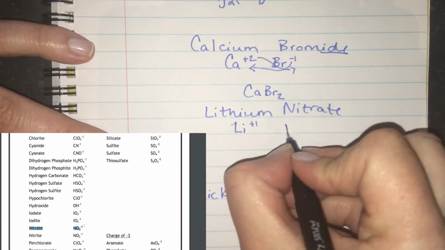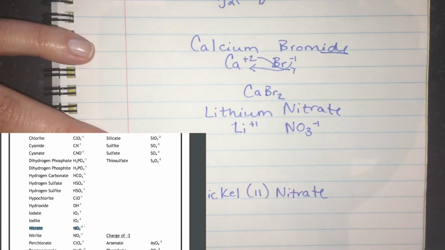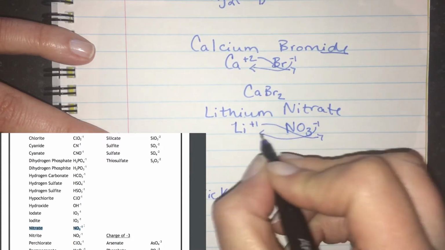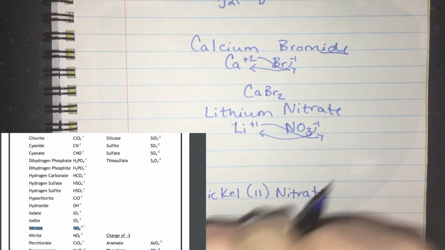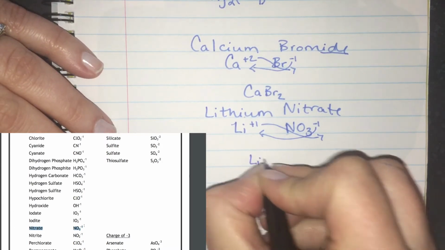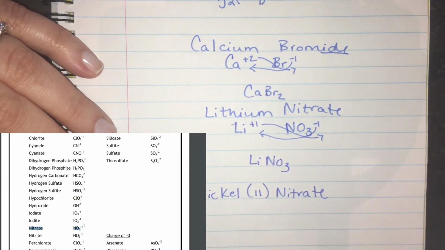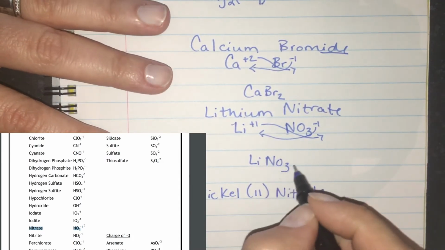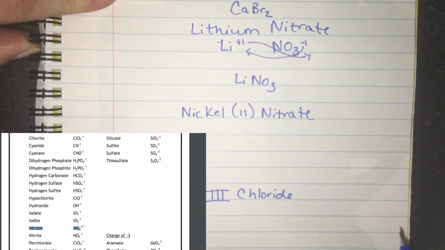NO3 with a -1 charge. Okay, we can bring these down, or most of you can already see it's going to be a 1-to-1 ratio. So we actually don't have to do anything but write their names again. Just like that, LiNO3, okay? 1-to-1 ratio, you can put the parentheses if you want. Those are optional at this point.